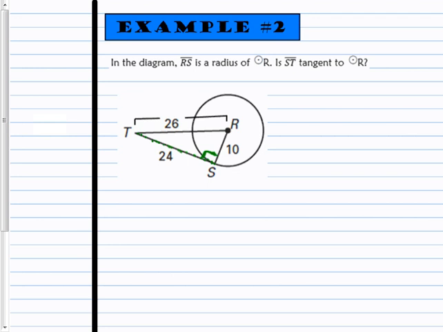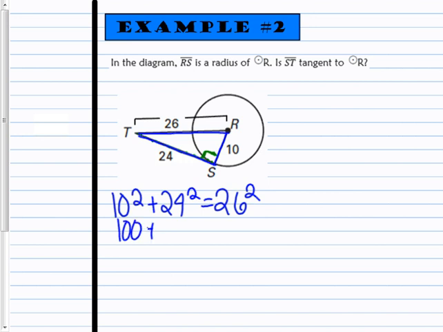So if this is a right triangle, I have a side and a side, and then I have the hypotenuse. So I would say, 10 squared plus 24 squared equals 26 squared.